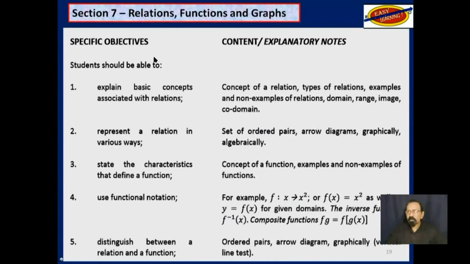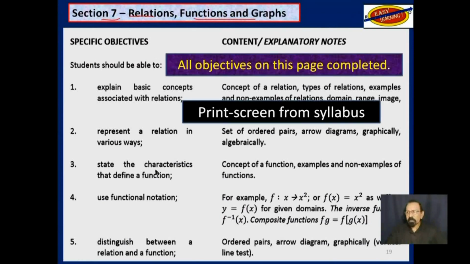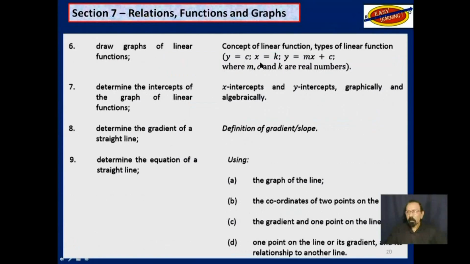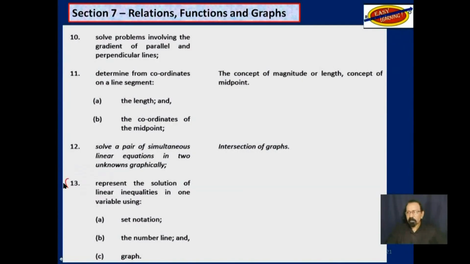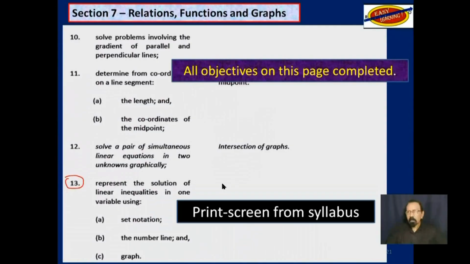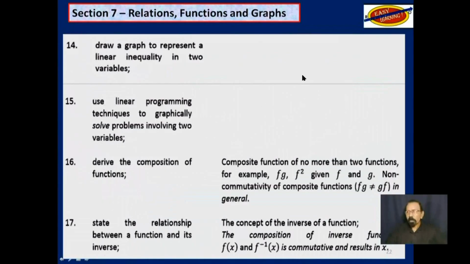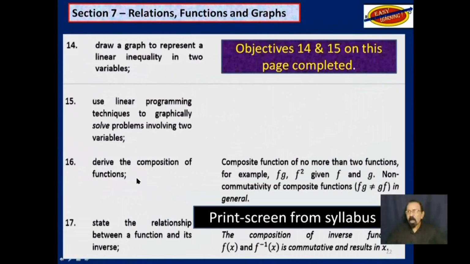So we are back to section 7, relations, functions, and graphs. These 5 objectives here have all been completed. Up to objective 9, those have also all been completed. Up to objective 13, those have also all been completed, some published totally on YouTube and some partially. We are here at this page.